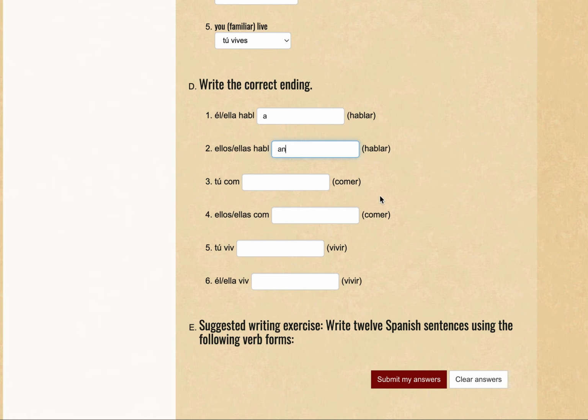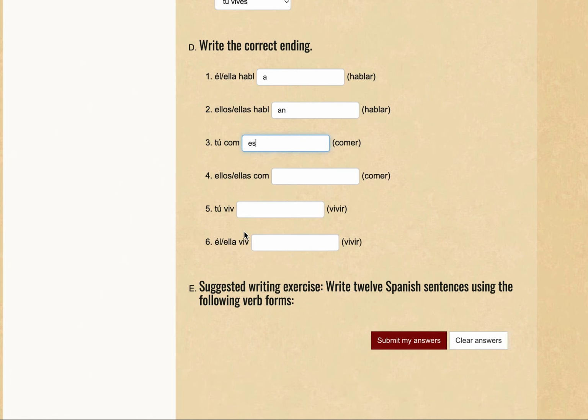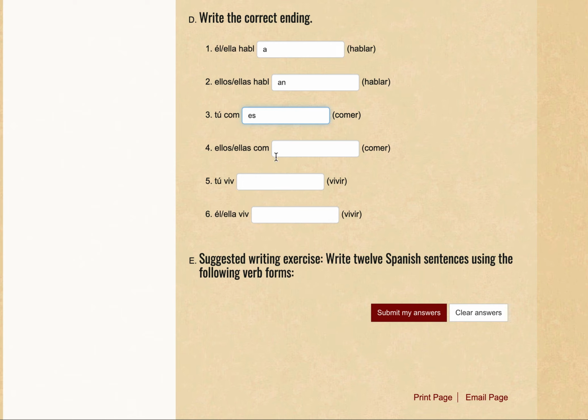Tú, okay, this is comer, the verb comer. Just trying to recall. This would involve S, and the way we remember that is because S comes before T, right? And this is an ER verb, so we add ES to it. So tú comes, right? And ES.